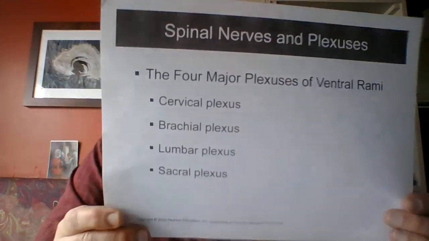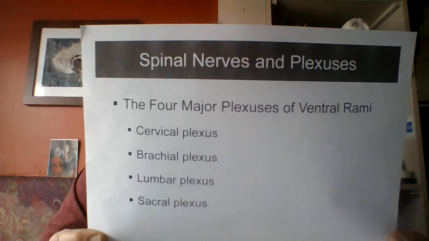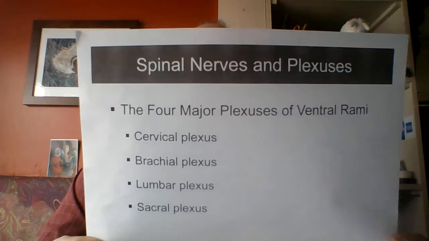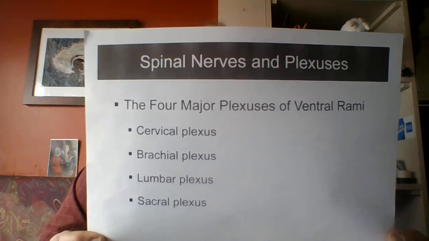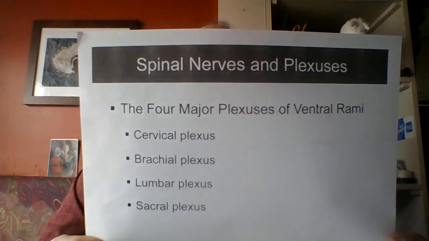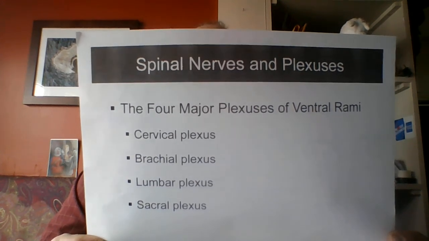All right, cervical innervates neck, thoracic, diaphragm, muscles, and head. And they are in the C1 to C5 area. Those are the nerves. Brachial innervates pectoral girdle and upper limbs, and they run from C5 to T1.